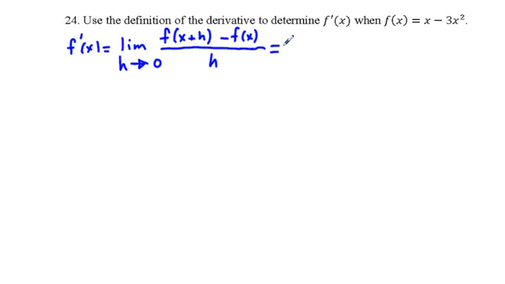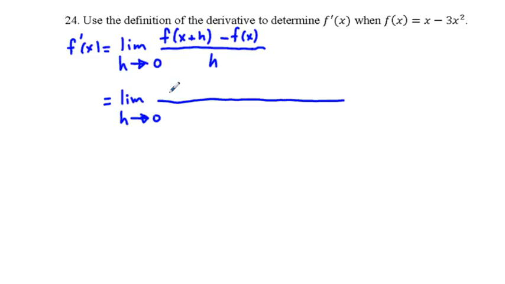And to do this, we're just going to fill in. I'm going to just work below to give more room on this. So we're going to say equals the limit as h approaches 0, and we're going to take this f of x plus h.